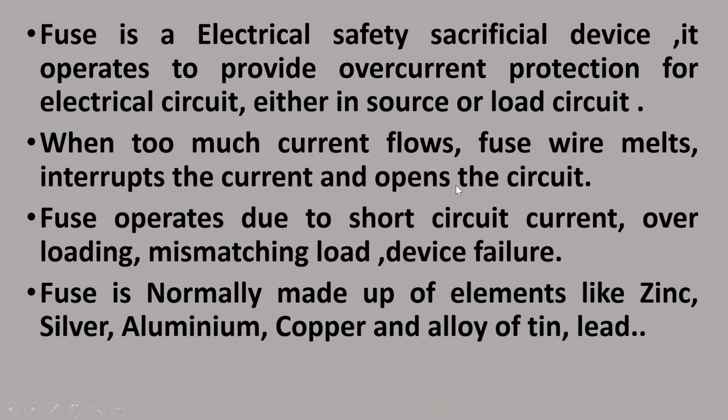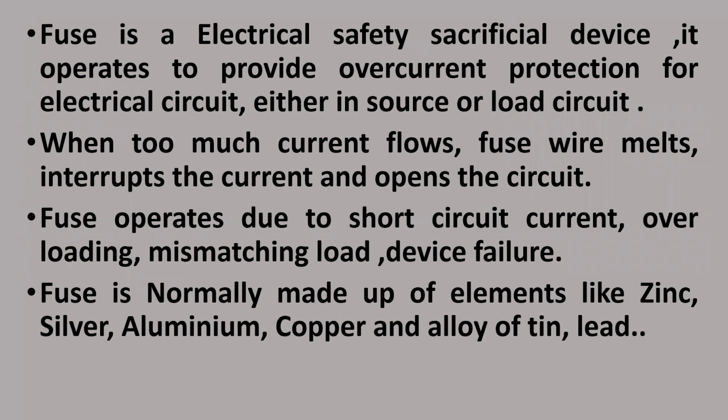The first point about the fuse is that it is an electrical safety sacrificial device. It operates to provide overcurrent protection for an electrical circuit, either in the source or load circuit. So the fuse will be connected near the source side or the load side.